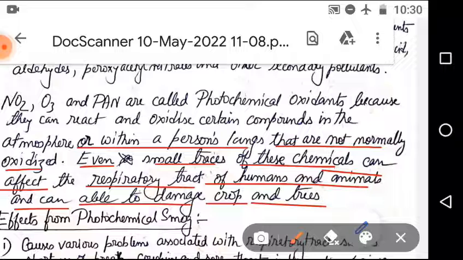Even when it enters a person's lungs, which are not normally oxidized, they will start to oxidize and damage our tissues. Even small traces of these chemicals can affect our respiratory tract.